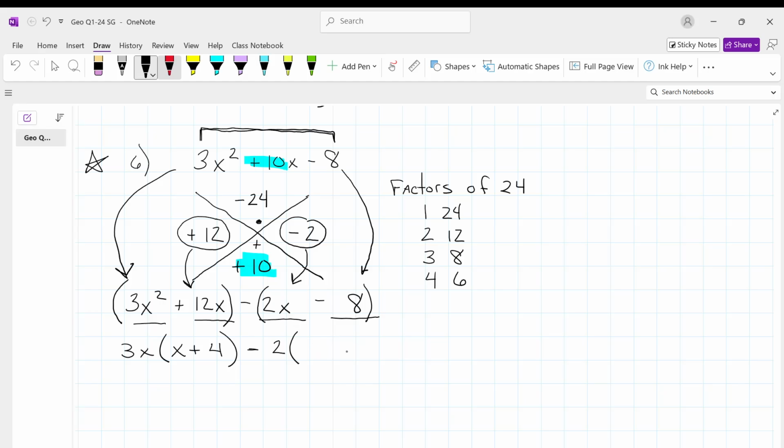Now inside here, when we factor this second group, it should be the same as the first group. So it is, we've got an x plus 4. So now your factors of the original trinomial are the 3x minus 2 times the x plus 4.